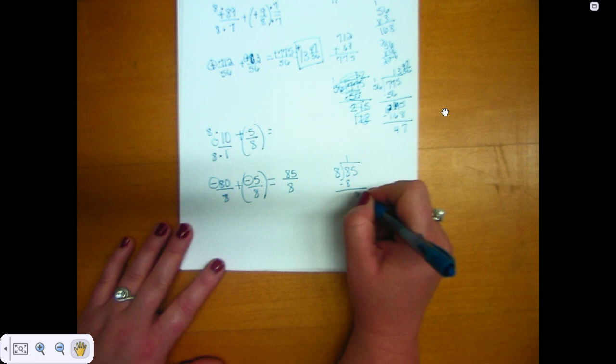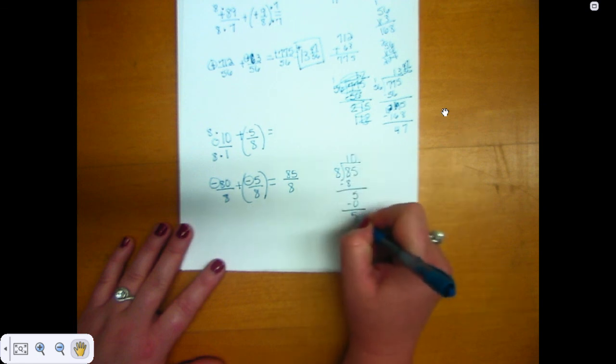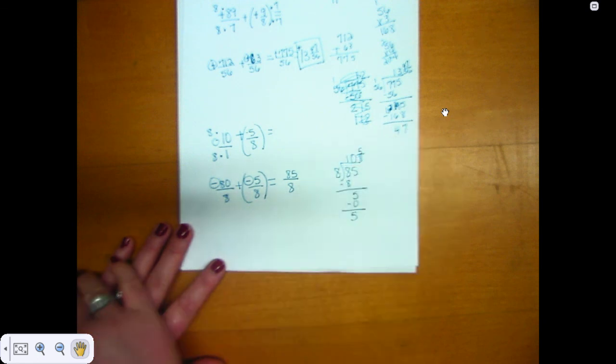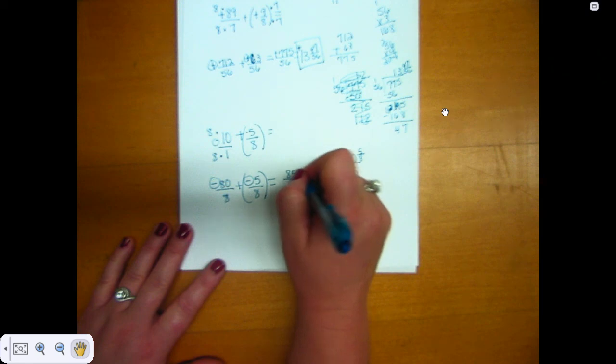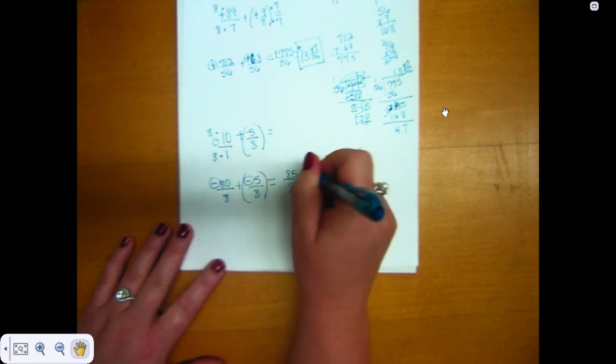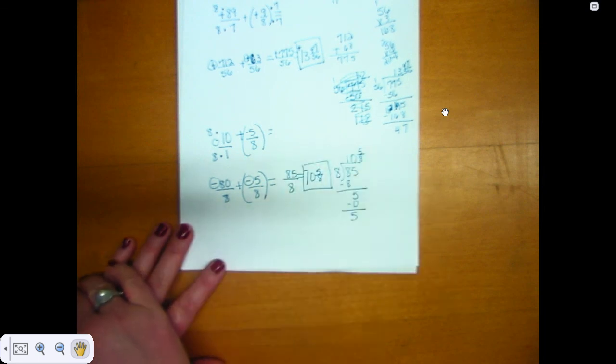You're left with 5. It won't go in at all. And you're left with 5, so it's 10 and 5/8. Check your signs. It is negative 10 and 5/8. That is your final answer.